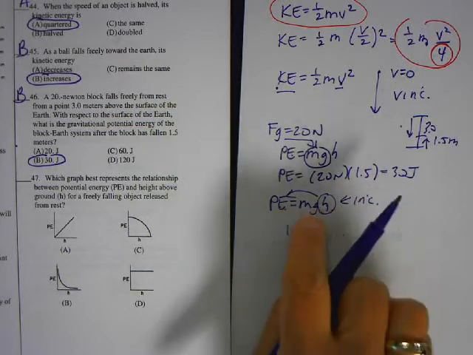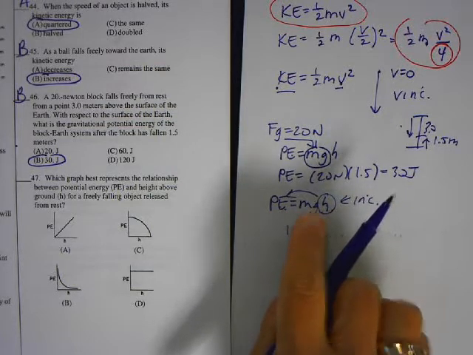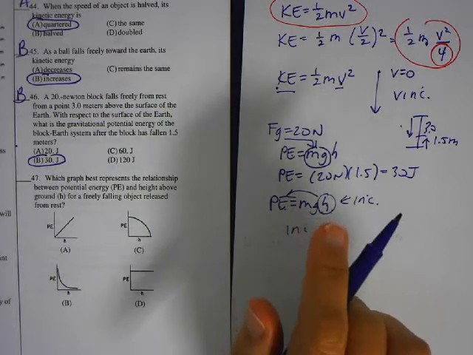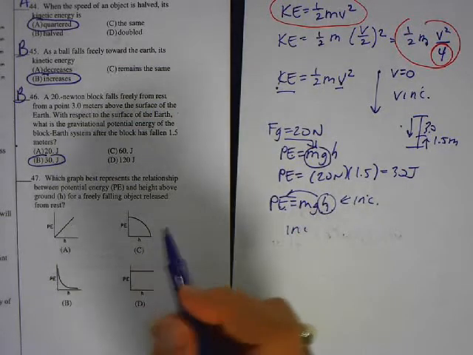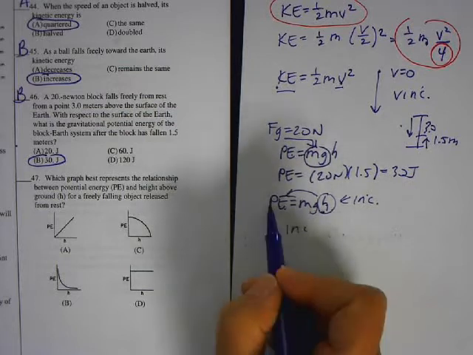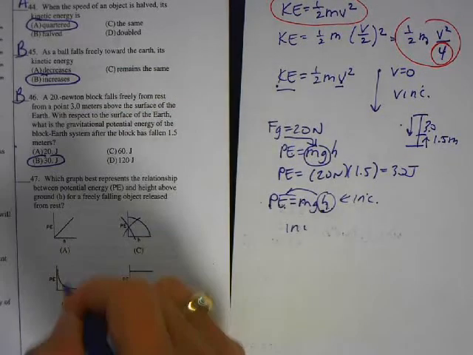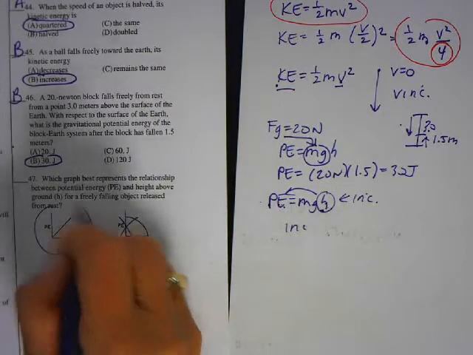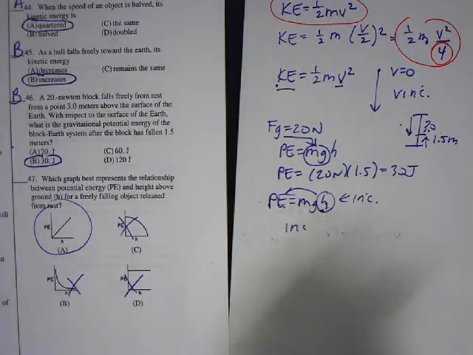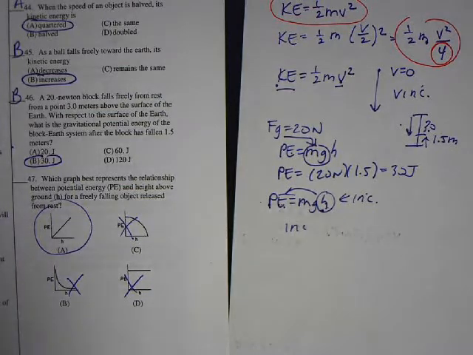No. So this correlation is a direct linear graph. So I can easily eliminate all the wrong choices, and there's my graph. Again, if you write the equation down, the equation helps you to visualize and see what the answer is. All right, next page.